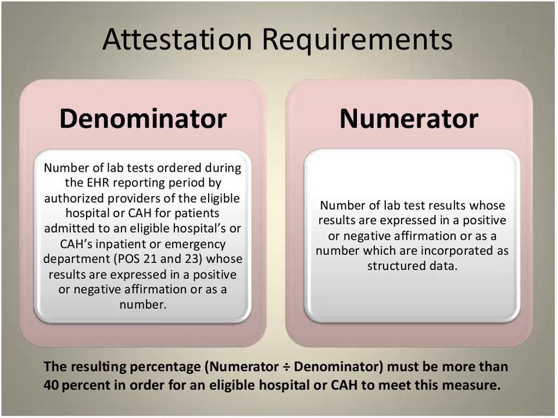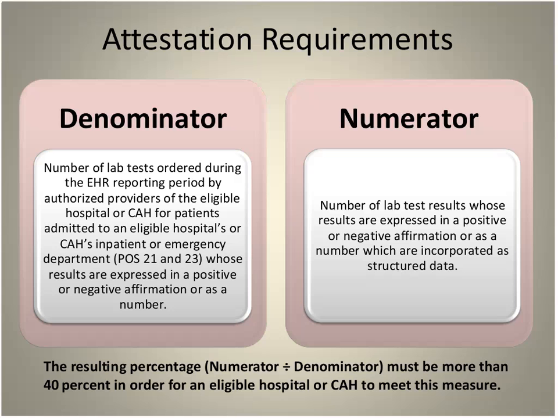For the denominator, it's the number of tests ordered during the period whose results can be expressed in positive or negative. So it's that subset of lab tests that are ordered, and the numerator would be the results of those that are expressed in positive, negative, or numerical that are incorporated as structured data.